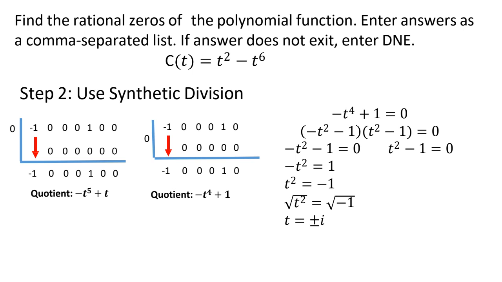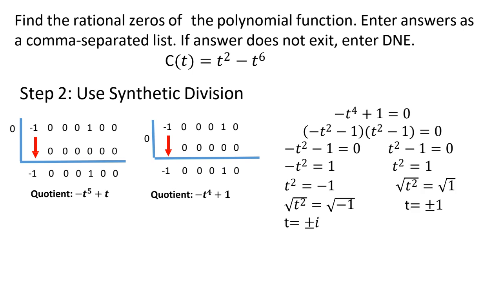When I take the square root of -1, we've covered this already, this is a complex number. The answer is imaginary, so we're going to have plus or minus i for this solution. Now for this one, t squared minus 1, I'm going to add 1 on both sides and take the square root of both sides. This one gives me just t equals plus or minus 1.